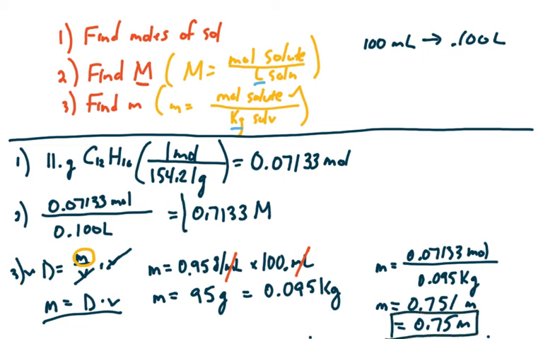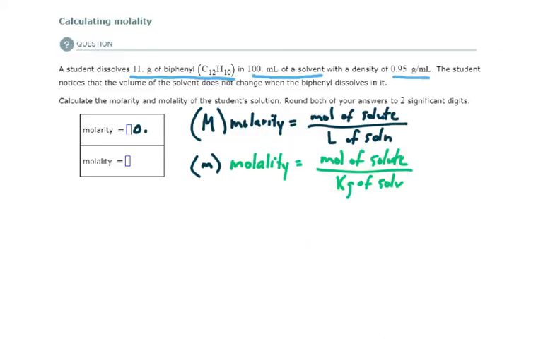So here's my molarity. Let's round this one as well. It's going to be 0.71 molar and 0.75 molal. So we write that here, 0.71 molar, 0.75 molal.